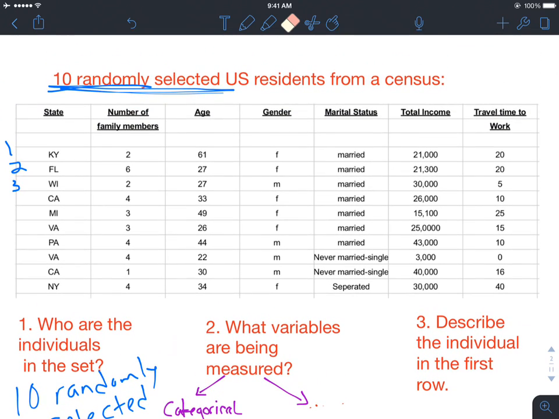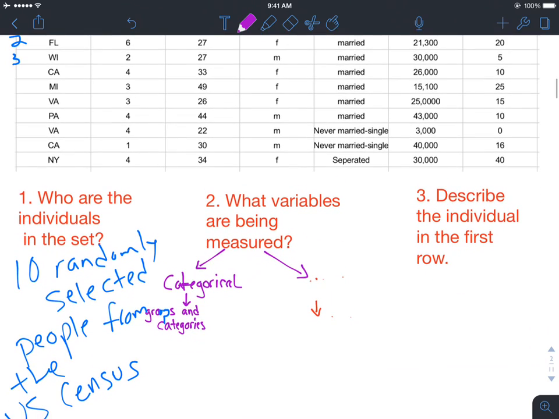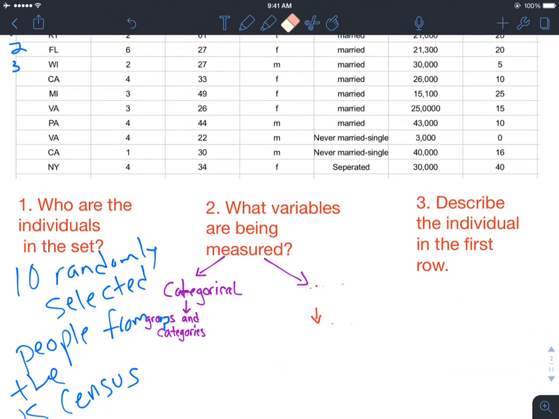So if you look at the first one, state, notice that state has a name, so that is categorical. Number of family members, no, those are numbers. Age, no. Gender is male or female. Marital status, that's categorical. And income and travel time to work are not, because you can't put those in categories or groups.